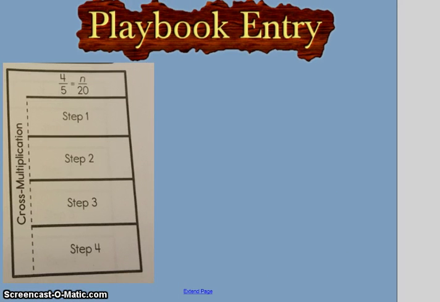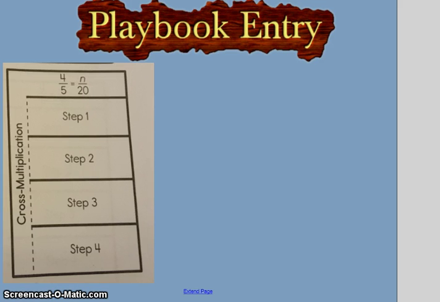Next, we have the cross multiplication. Cross multiplication is a little bit more involved. What I would like you to do is what I write as far as the definition should go directly on the back of step 1 through step 4, so actually the paper. And any of the examples we go through will need to be written on the actual composition notebook.